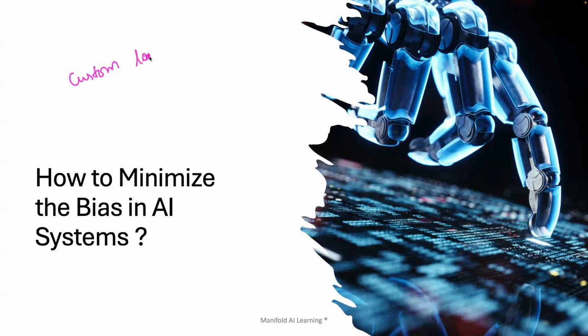Depending on the scenario, this custom logic can be based on a regular expression, or we can make use of another very small language model to check whether we have any personal information, using named entity recognition. Using the named entity recognizer, we can write a custom rule that says, please do not enter personal information. That is the way we can handle it. It is something that we have to build as custom logic.